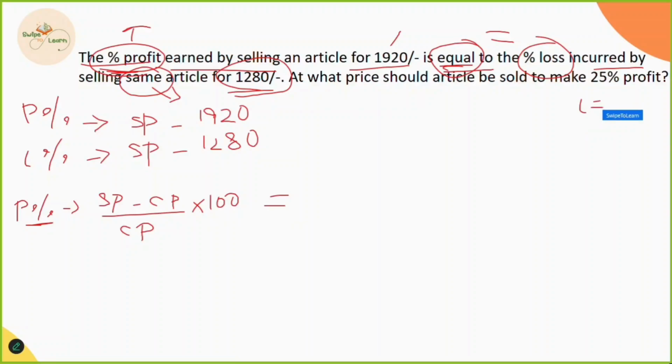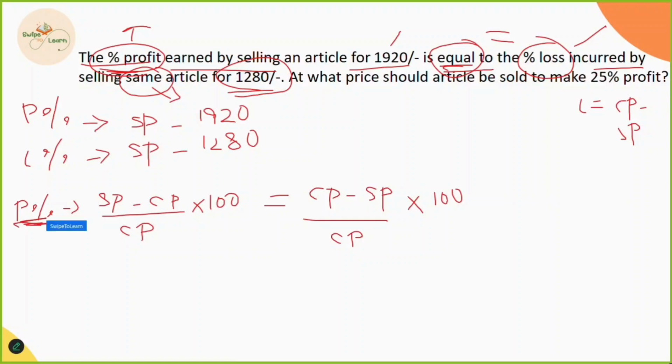Loss means CP minus SP, that is CP minus SP divided by CP into 100. So if we understand the question properly, it is easy to form the equation, and from that equation we can easily get the answer. Okay, for this SP is 1920 and CP they didn't give.